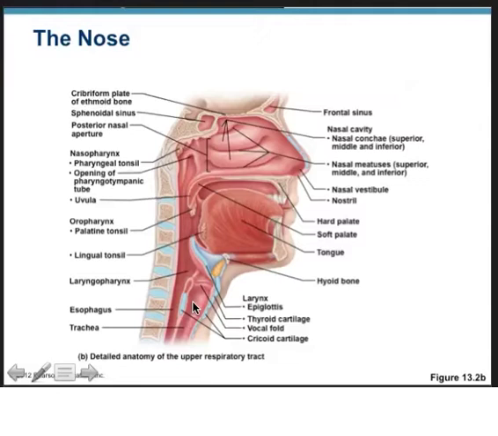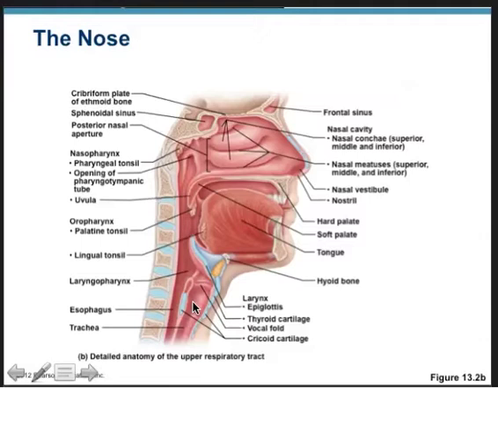And so we had to develop a method to get the oxygen to those tissues, and that organ system that did that was what we call the cardiopulmonary system, which consists of the upper respiratory, the lower respiratory, the lungs, the heart, the blood vessels, and the blood that's contained in it.